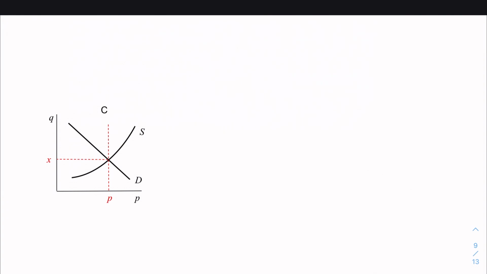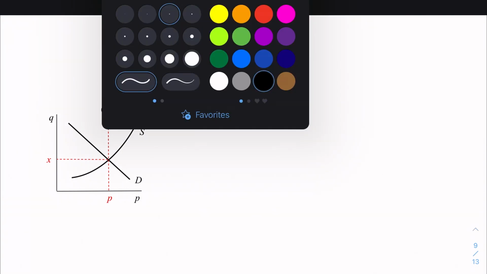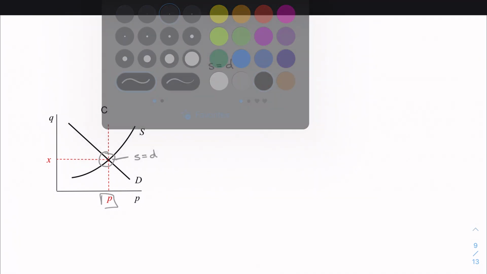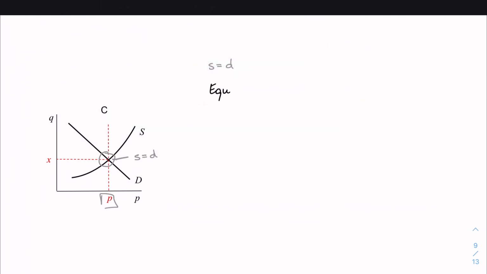Well, here is my sweet spot. Here's my price, and here's my point. And this is the point where the supply and the demand are exactly the same. This sweet spot we're going to call the equilibrium point. This is a point where supply and demand are exactly the same.